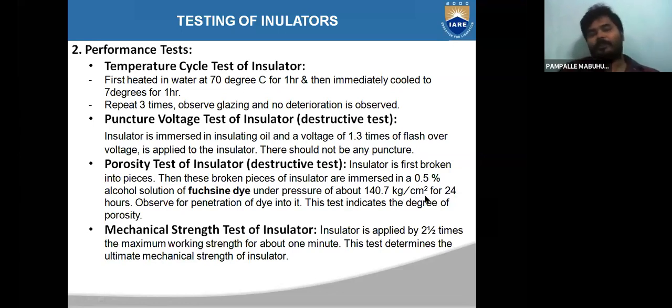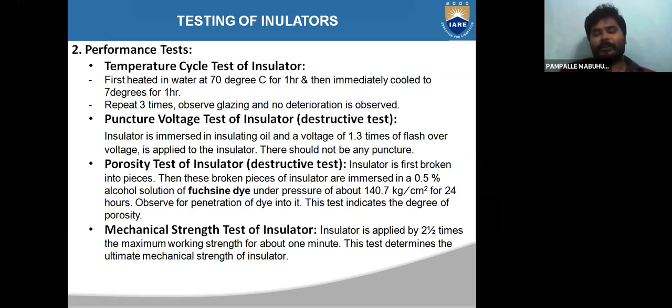So in the porosity test, you take one insulator, break it into pieces, immerse those pieces in the solution with 0.5% alcohol and fusion dye, and keep the pressure at 140.7 kilograms per centimeter square. These conditions are kept for 24 hours, that means for 1 day.